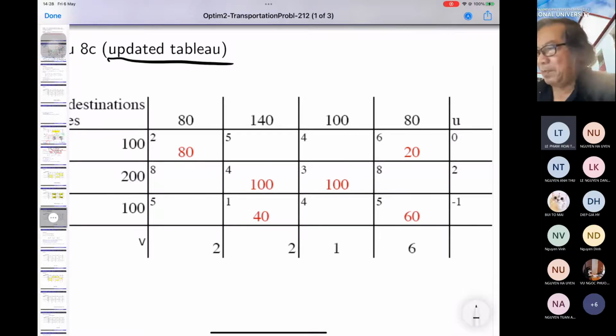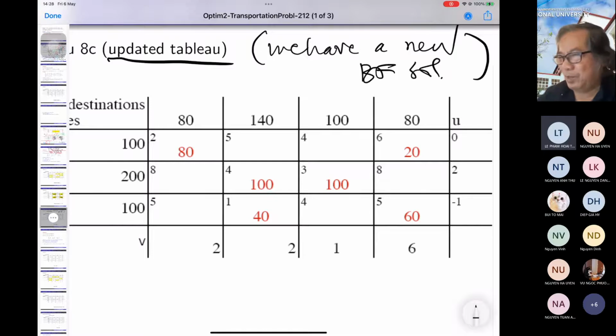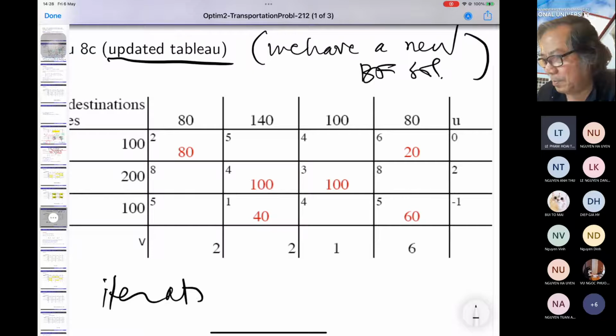That is the updated tableau. With the updated tableau, we have a new BF solution, and with the new BF solution you can start the iteration. Iteration 3.